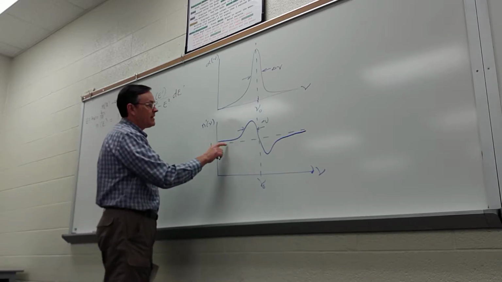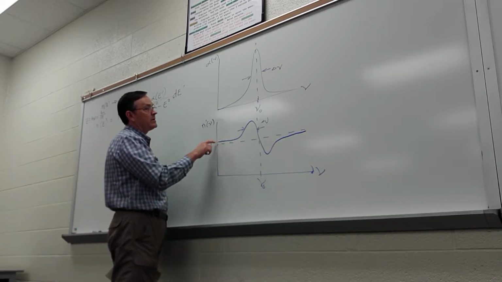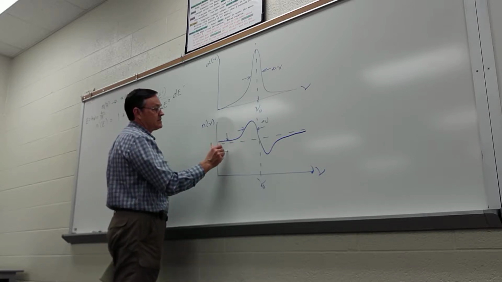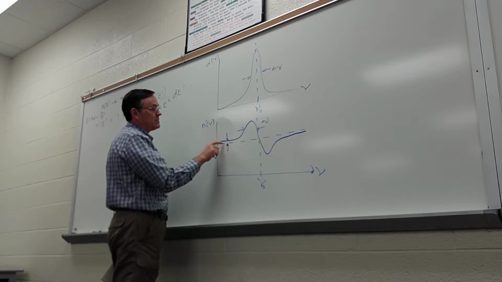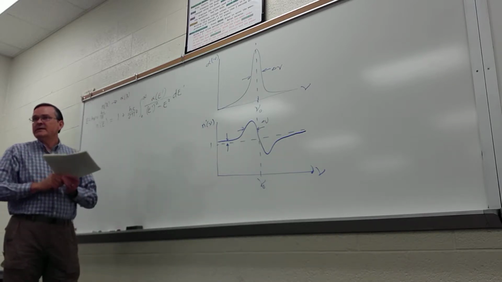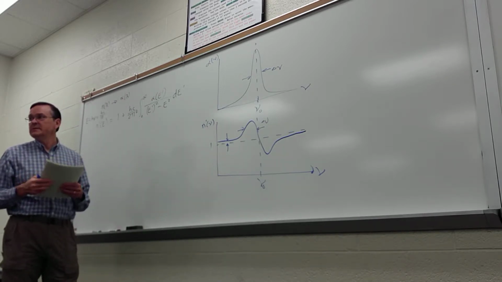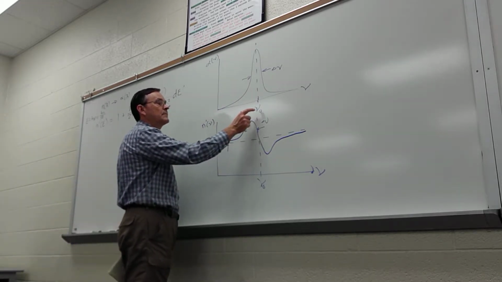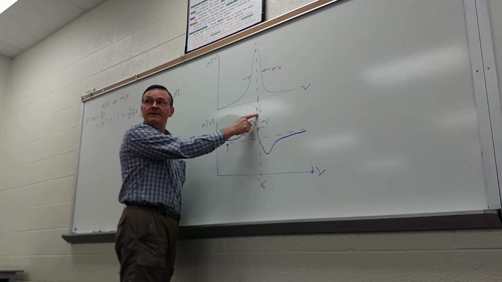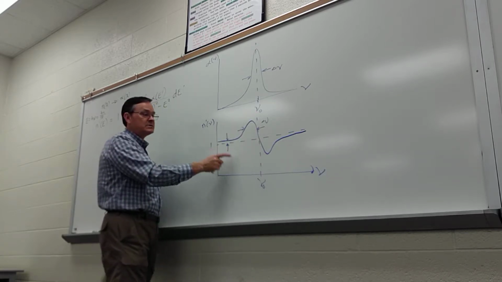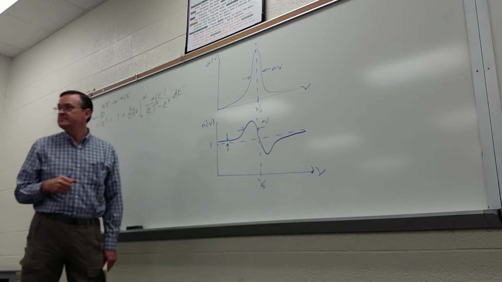But notice as we get out over here, it goes flat. And in fact, it asymptotes above 1. And that is a key point, because what it means is that the absorption at nu naught affects the refractive index at all frequencies smaller than nu naught.